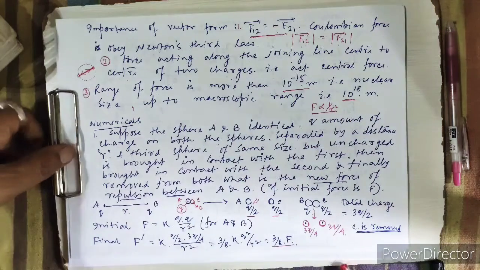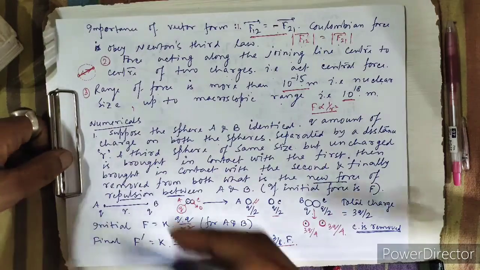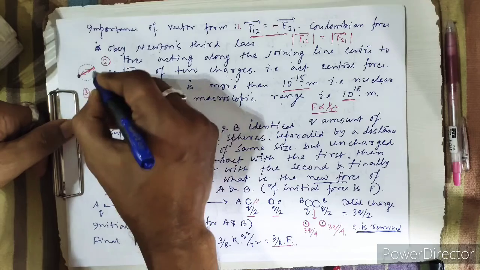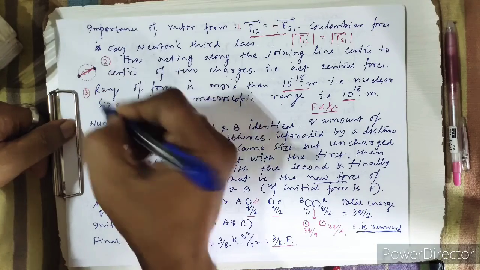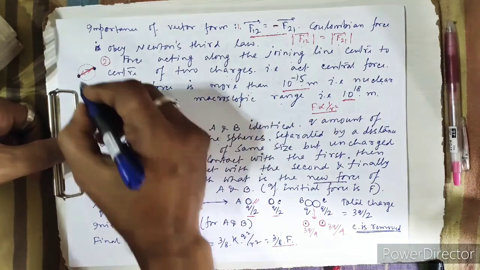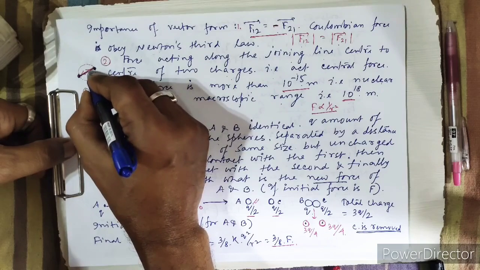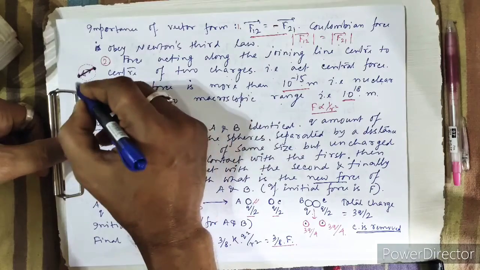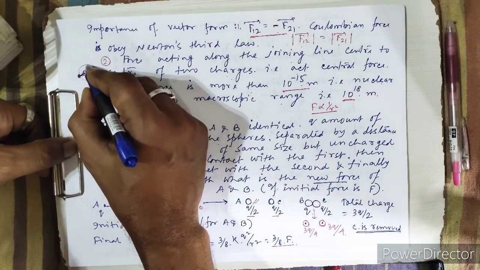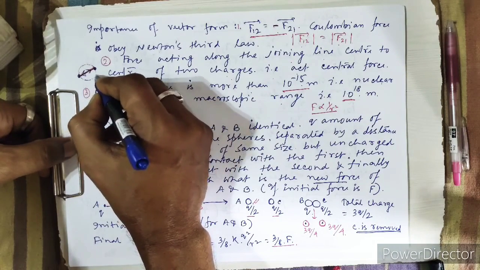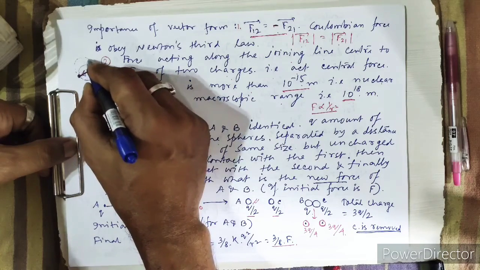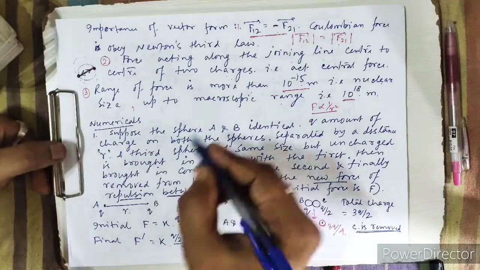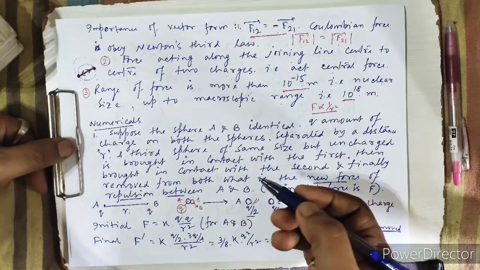That signifies that if this is Q1 and this is Q2, the force between these two charges acts along the line joining the centers, and cannot act along these directions or these directions. They always act center to center. This is called a central force.